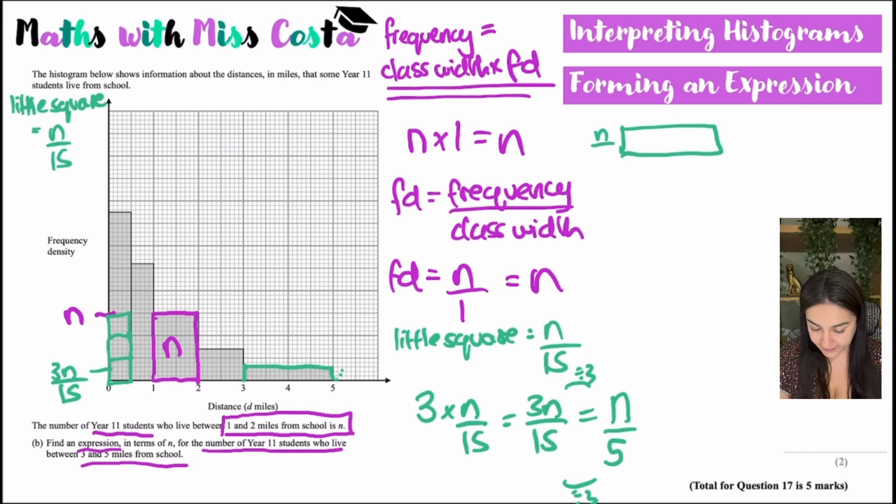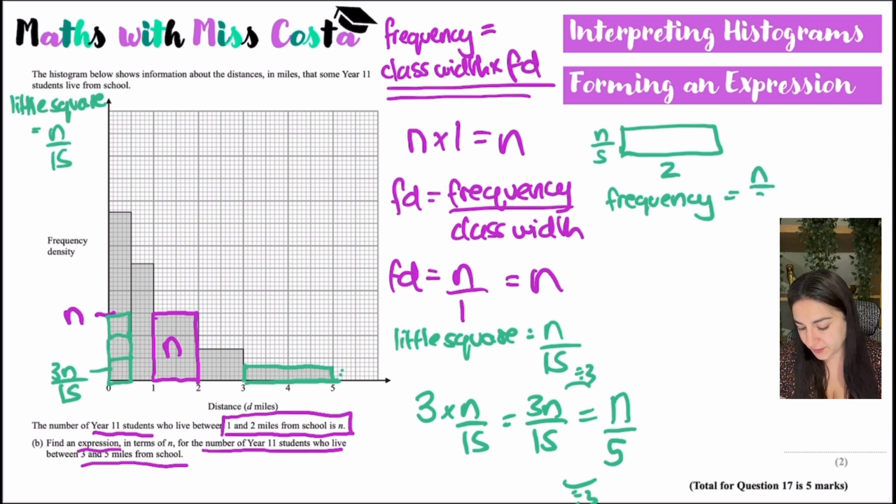So I know the height is n over 5. I know that the class width is 2 because the difference between 3 and 5 is 2. So to work out the frequency of that, so the amount of students, I'm just going to do n over 5 times by 2, which is 2n over 5.